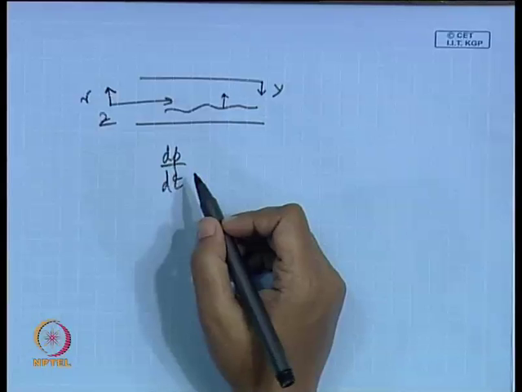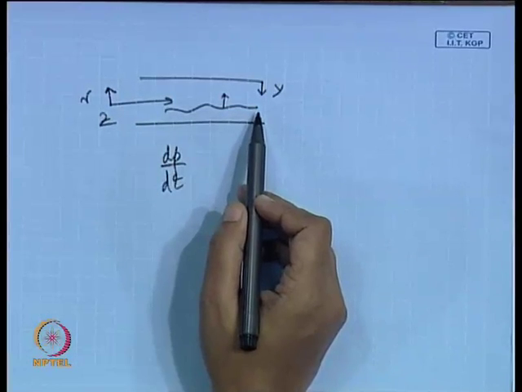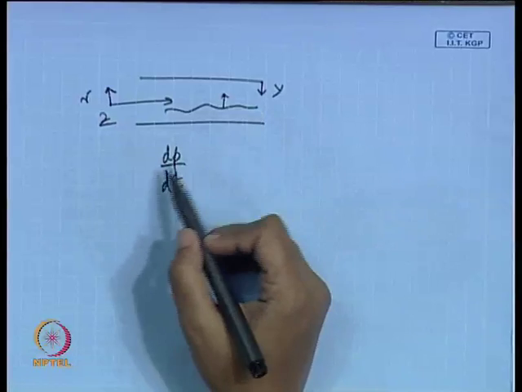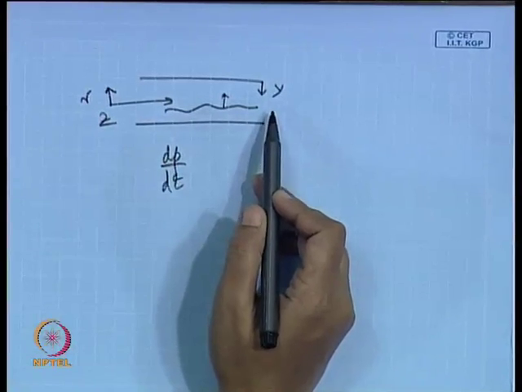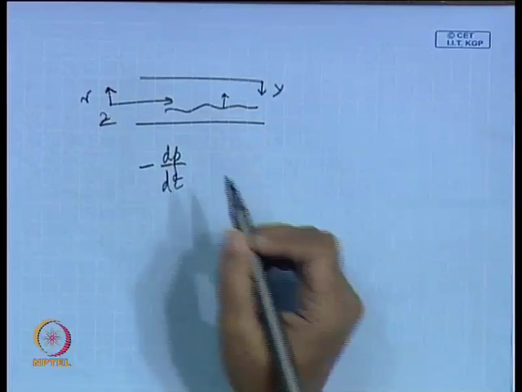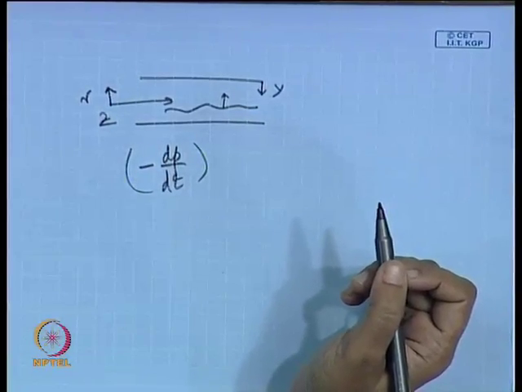Now, naturally positive values will denote a rise of pressure with axial distance, isn't it? Whenever we have a positive value, this shows pressure increase in the direction of flow, but we know that the pressure falls in the direction of flow. So, usually the pressure gradient is denoted as minus dp/dz.